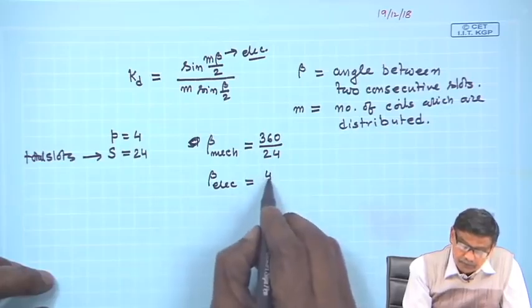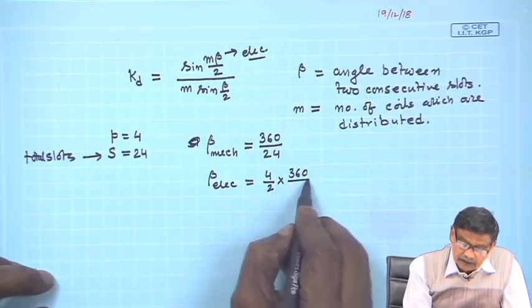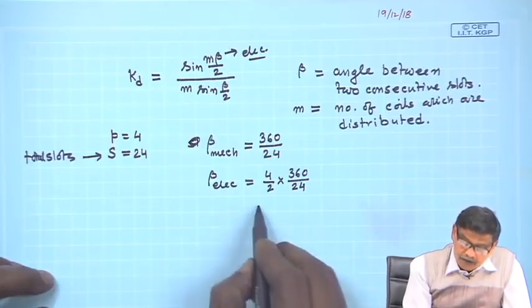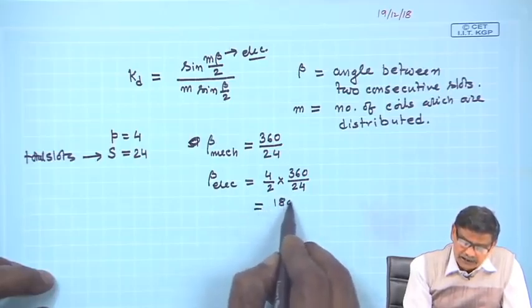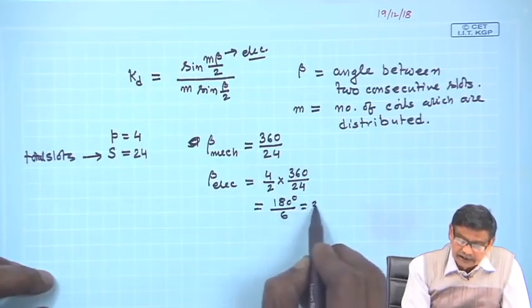So, 4 by 2 into 360 by 24. This way it can be written, or you can see it is equal to 180 degrees divided by 6, that is 30 degrees electrical.